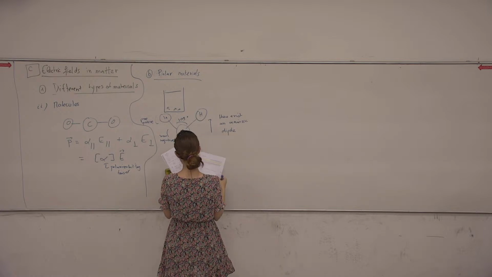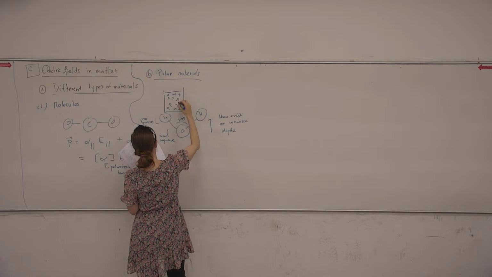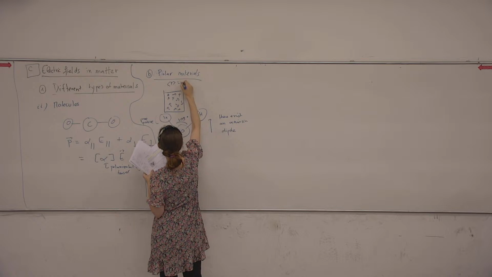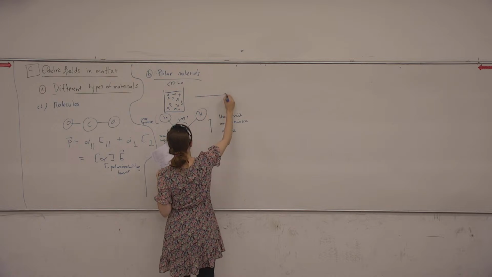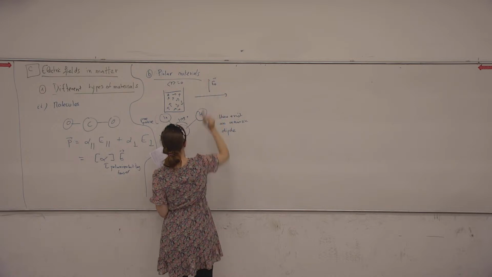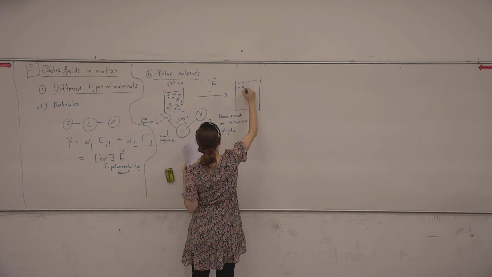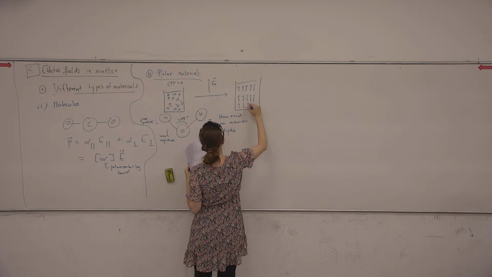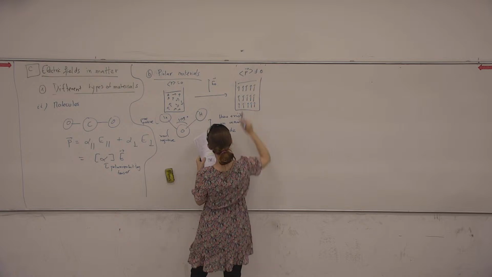But on average, if I have a glass of water here, the mean dipole moment is going to be 0. But then what happens if I impose an external field E0? The molecules will align. All the small dipoles will align, and then P is not going to be 0.